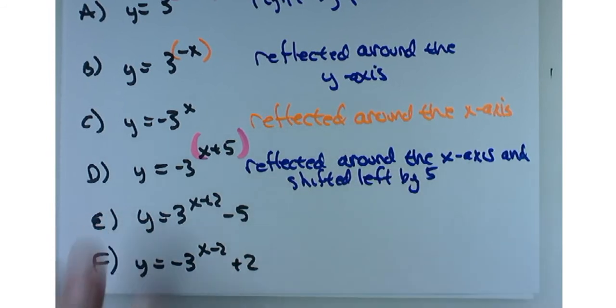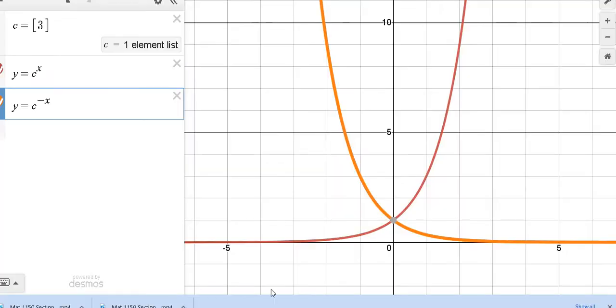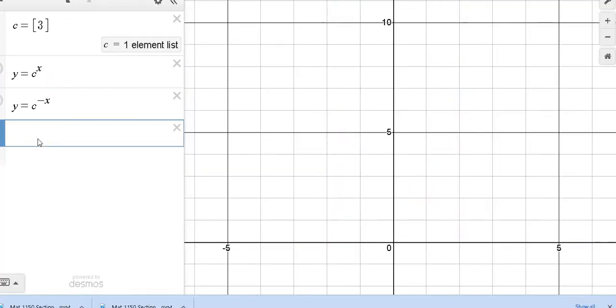Let's actually look at that a little bit. Kind of look at that in stages, maybe. So I'm just going to shut these off and I'm going to put them in directly. We'll start out with y equals 3 to the x.